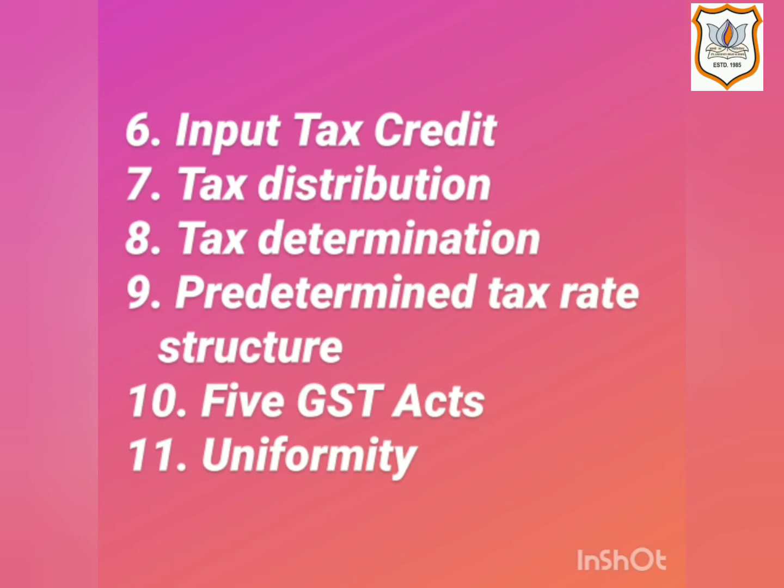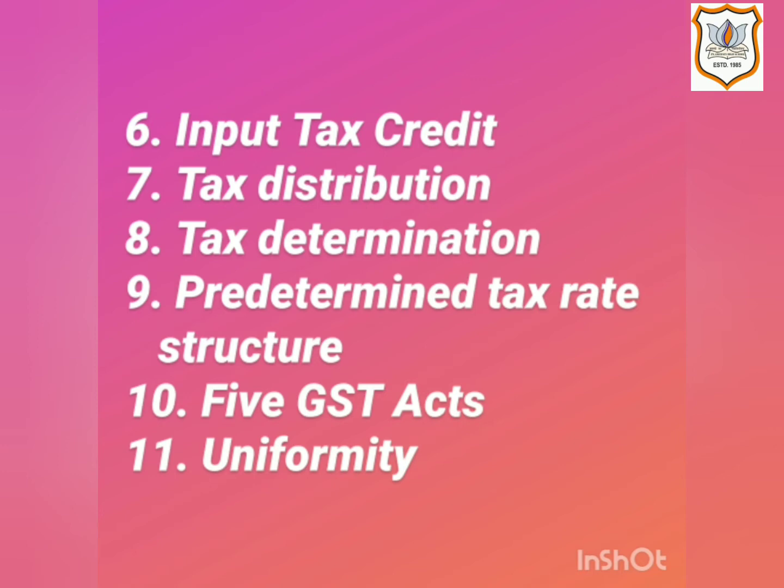Now the next point is 5 GST Acts. In the context of GST, 5 acts are passed, that is the CGST Act, the SGST Act, the UTGST Act. In this act, provisions pertaining to Union territories, goods and services are covered. Then the fourth one is the IGST Act.